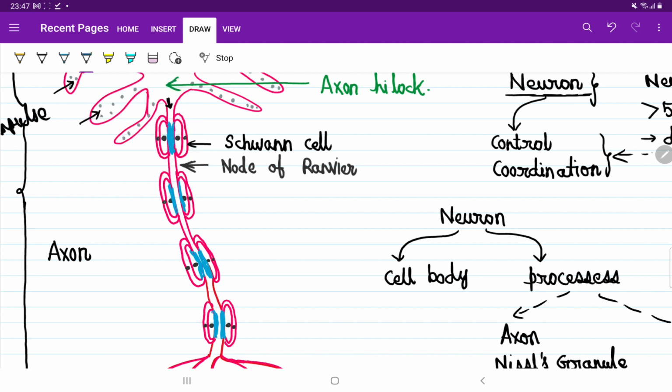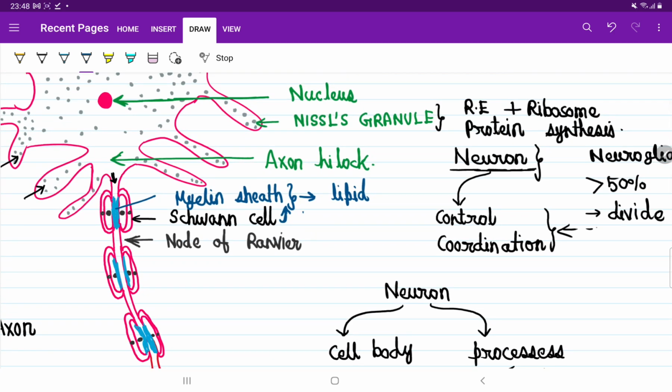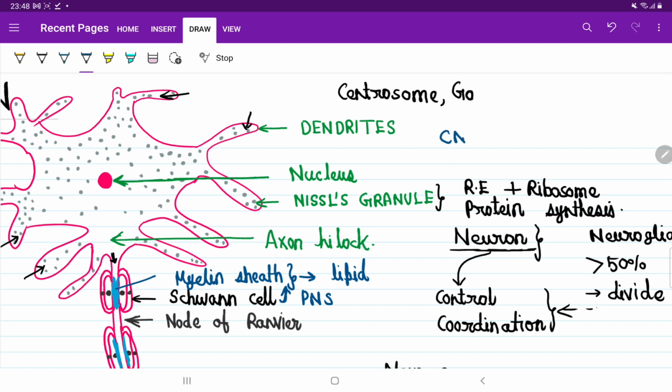You see, this is myelin sheath. Myelin sheath is a biological electrical insulator, meaning it's a biological material. It's lipid in nature, and it's secreted by whom? It's secreted by Schwann cells in the peripheral neural system. But in the central neural system, there are also a lot of myelinated neurons.